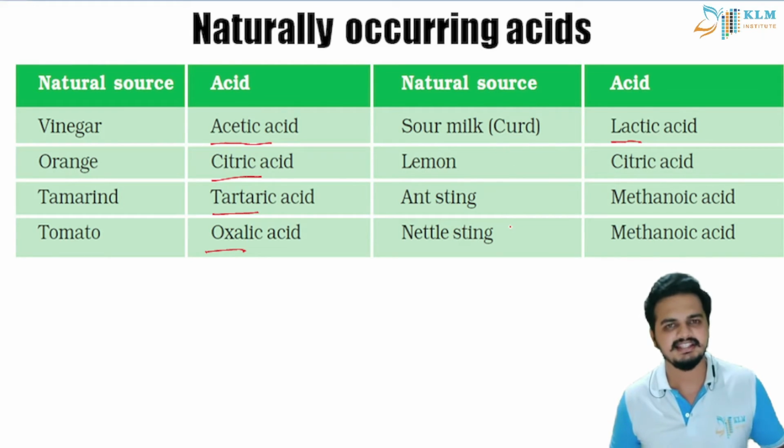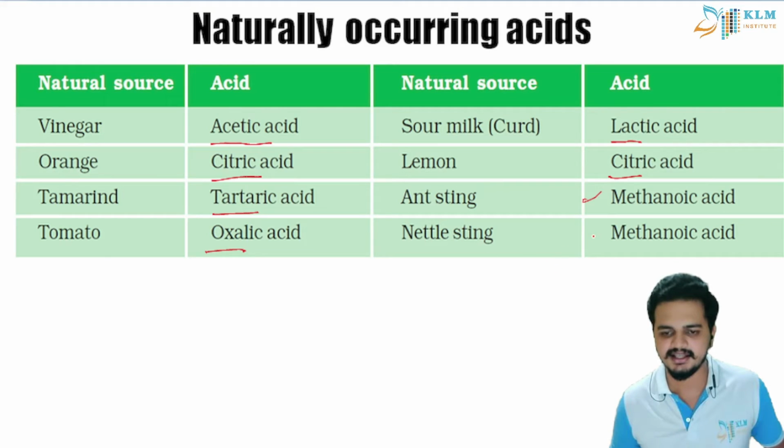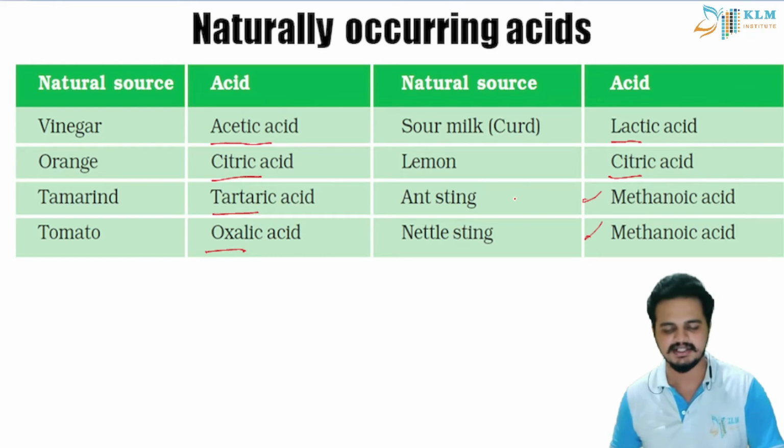It is very essential for our body in small amounts. Lemon has citric acid. And ant sting is methanoic acid, and nettle sting is also methanoic acid. These are some of the naturally occurring acids, students.